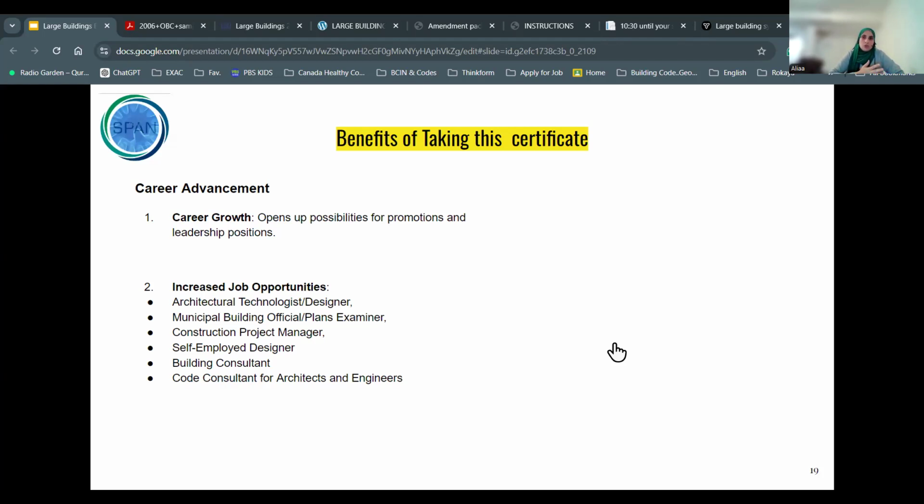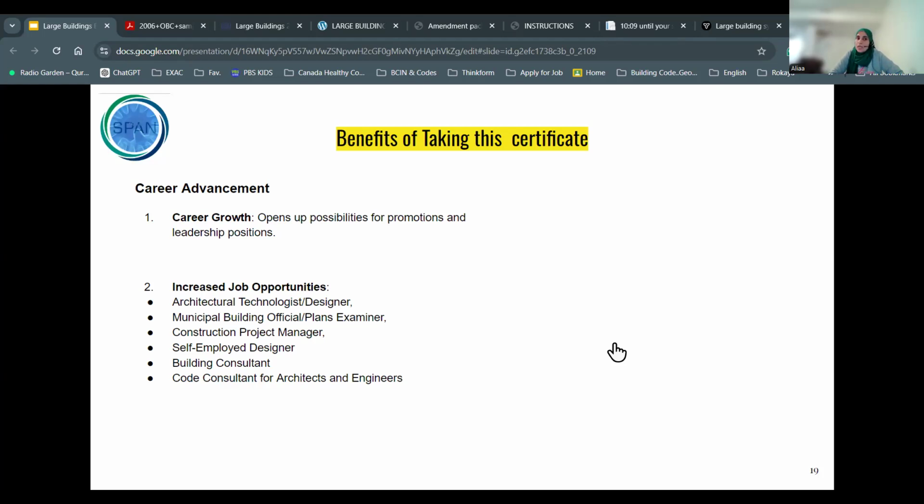So if you don't want to start the journey to become an architect, this is my first step. I started studying the OBC and taking exams, and I took some courses with George Brown. Then I got hired. Also, after taking this certificate, you can be a code consultant.